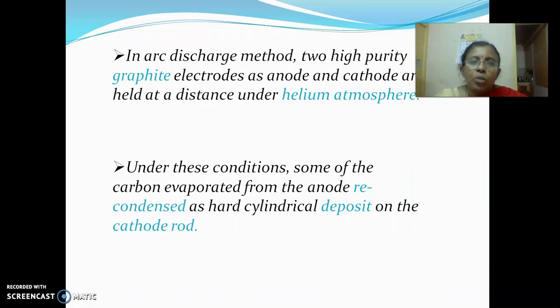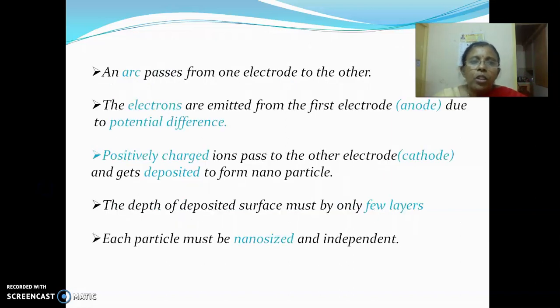In the arc discharge method, two high purity graphite electrodes as anode and cathode are held at a distance under helium atmosphere. Under these conditions, some of the carbon evaporated from the anode recondenses as a hot cylindrical deposit on the cathode rod. In this arc method, an arc passes from one electrode to the other.